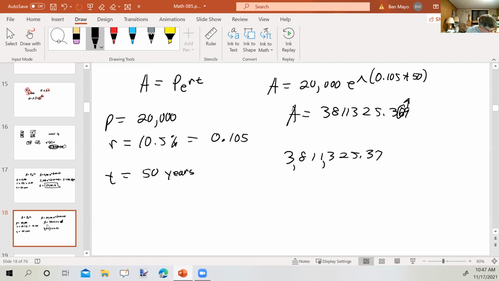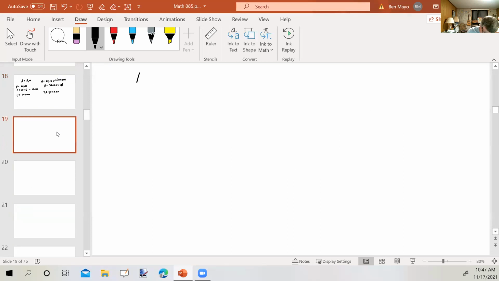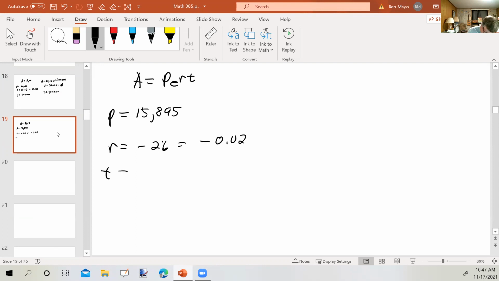All right, let's take a look at another example. Again, using A equals Pe to the rt. In this case, P is 15,895. r is negative 2%, which would be negative 0.02, and t is 16 years.